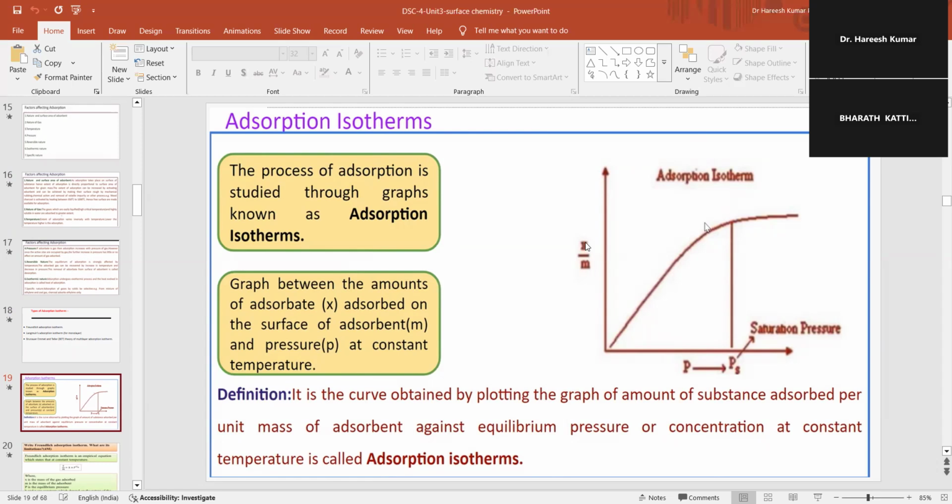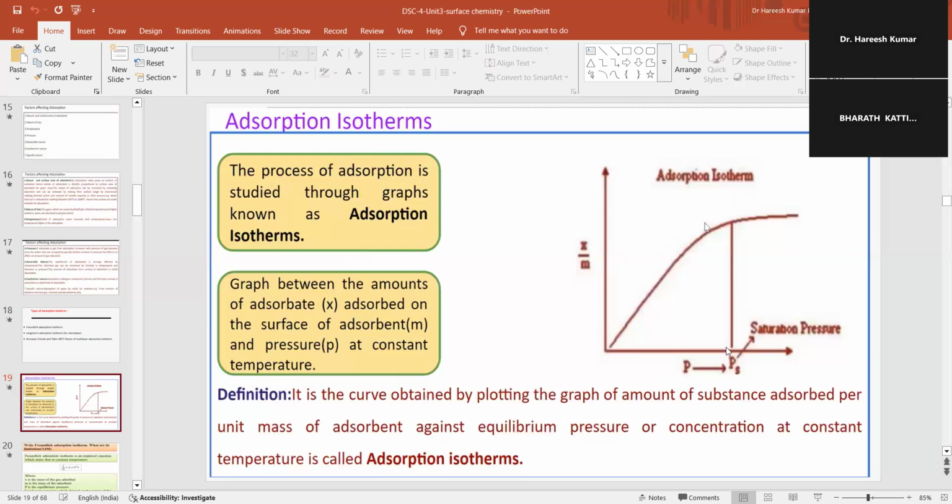What is x? The adsorbate. So x/m is the amount of adsorbate adsorbed on the adsorbent per mass of the adsorbent. And it is observed that as we increase the pressure, adsorption increases. Once the saturation point is reached, adsorption does not change.